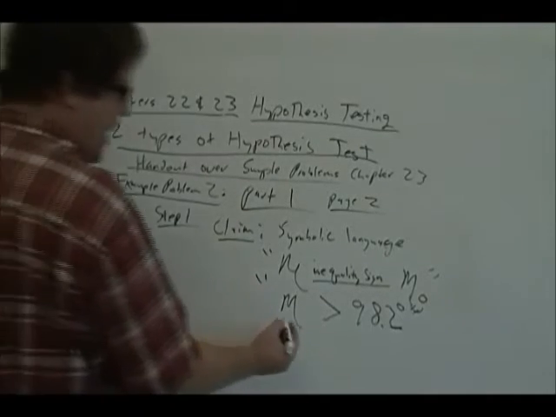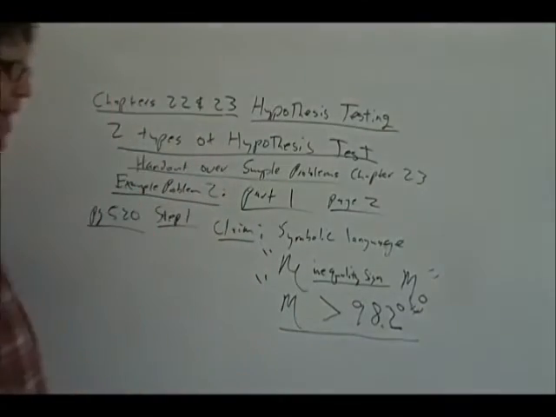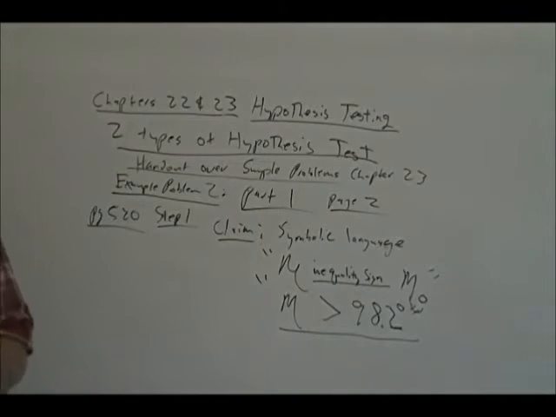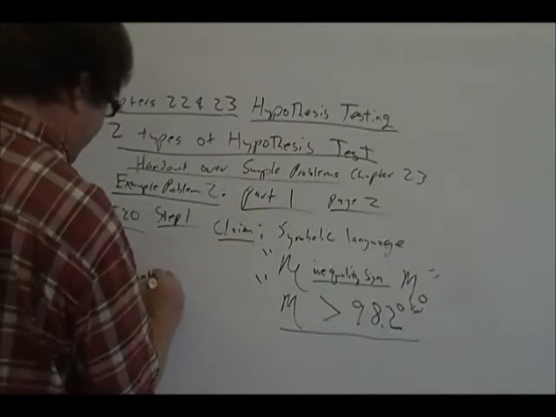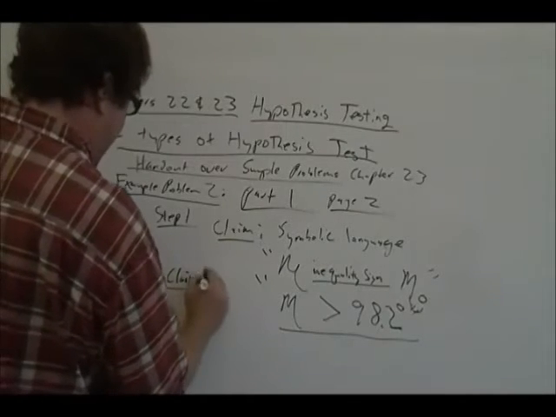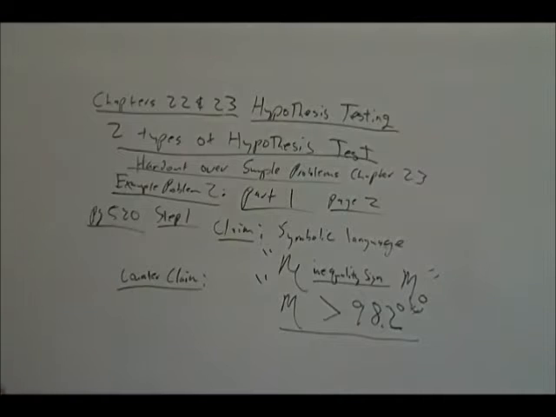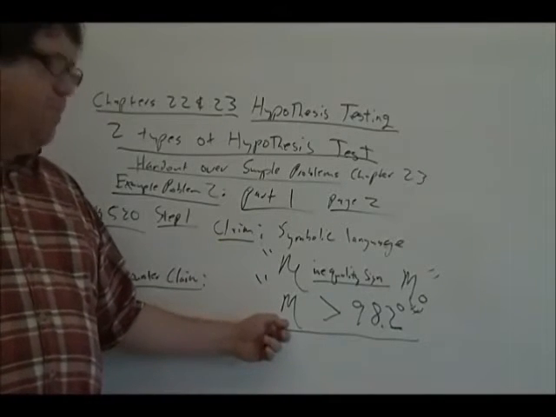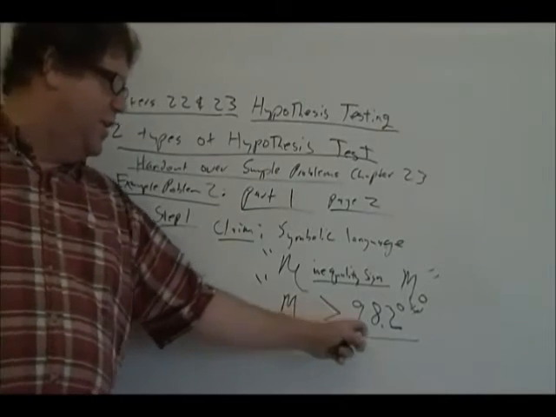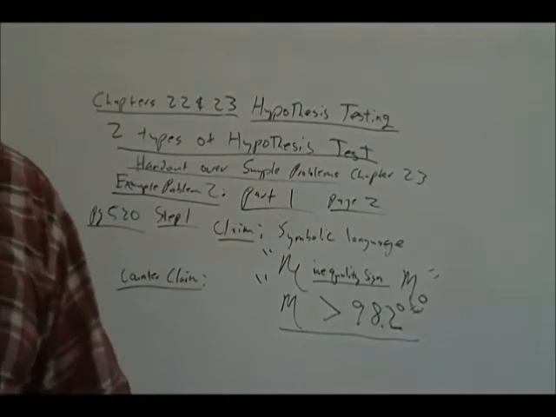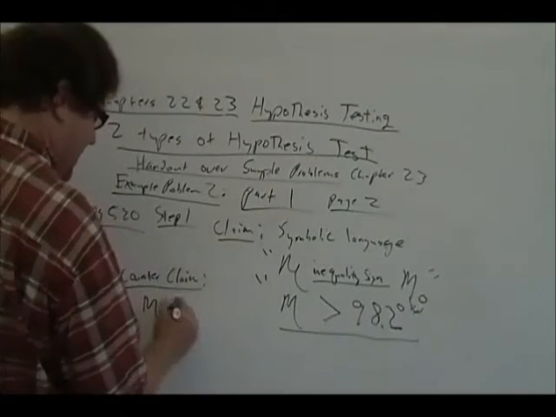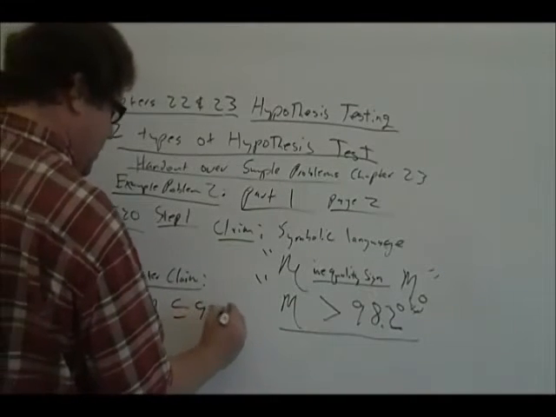So it's a statement about the population mean, not the population proportion, but it looks very similar to what you wrote down in the claim for the last problem. It's just that you're using mu here instead of p. So what is the counterclaim going to be? Just like before, the counterclaim is the other possibility. What if the claim is false? If mu, the mean body temperature, is not greater than 98.2, the only other possibility is that the mean body temperature is less than or equal to 98.2.